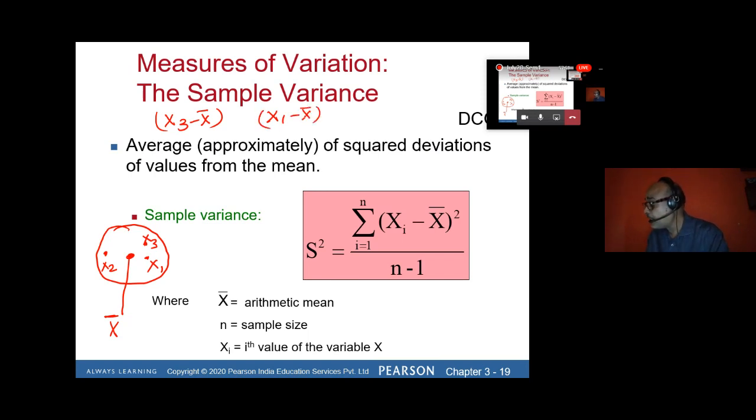So what is the total variation? The formula for finding the variation is Xi minus X bar.